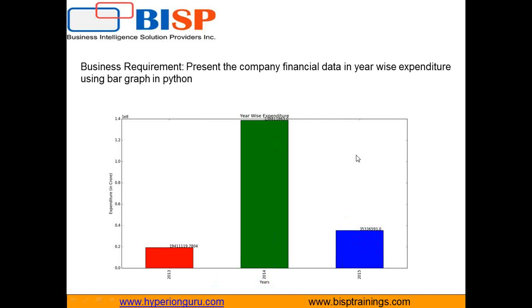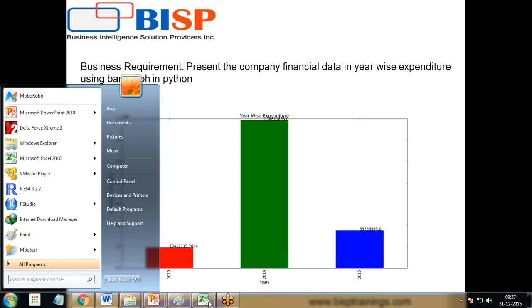And later in the same video, we'll see how we can save the bar graph in PDF format so that we can directly export it or share it with other users through an email. So that's the requirement.